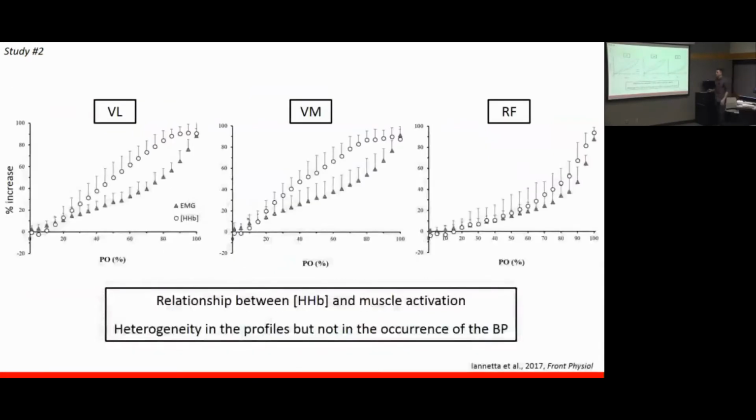So here? Yes. Okay, so these are normalized data, from 0 to 100, where 0 is baseline and 100 is peak. This was done to normalize between the profiles, among the muscles. However, we did normalize also for baseline. So I'm not showing the graph, so there was no 100%.